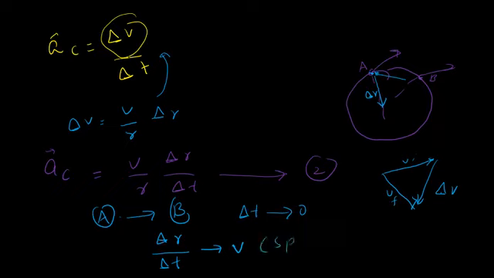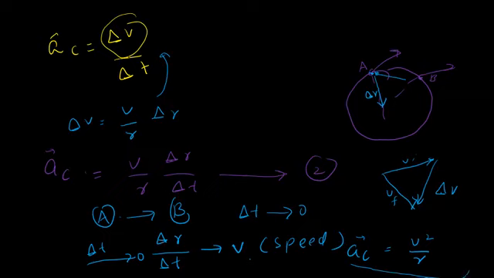So at that instant the centripetal acceleration will be equal to v squared over r. When delta t approaches 0, delta r over delta t approaches the speed, and in turn the centripetal acceleration comes out to be v squared over r.